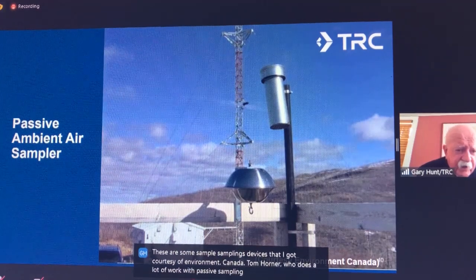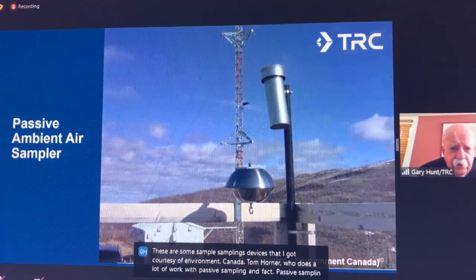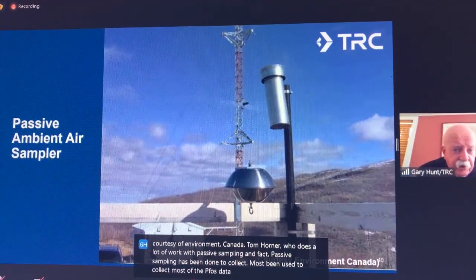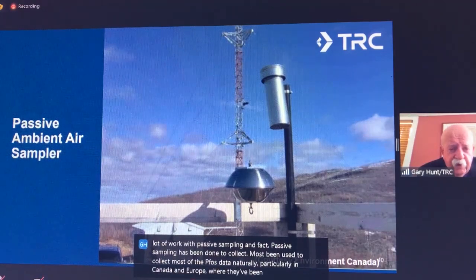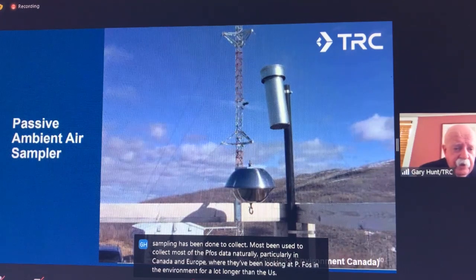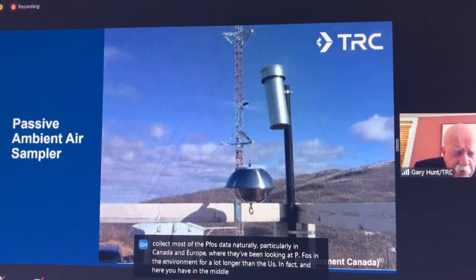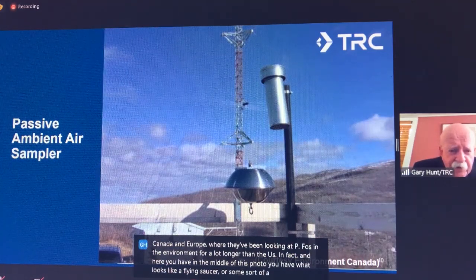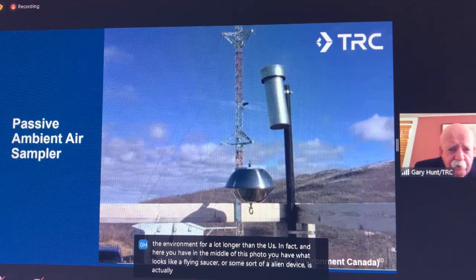In fact, passive sampling has been used to collect most of the PFAS data internationally, particularly in Canada and Europe, where they've been looking at PFAS in the environment for a lot longer than the U.S., in fact. And here you have, in the middle of this photo, what looks like a flying saucer or some sort of alien device. It's actually the passive sampling device, and it has sorbent media in it.